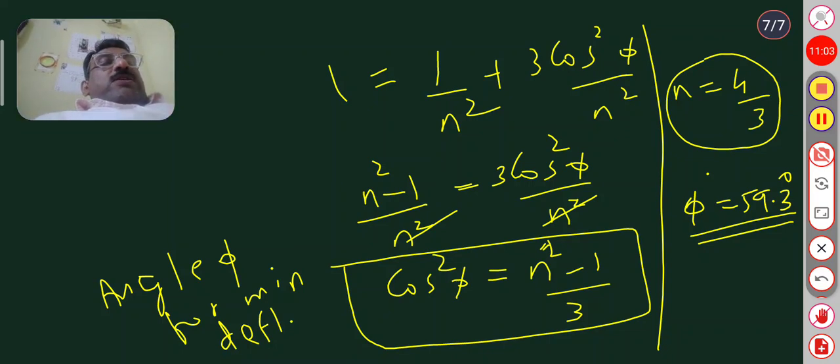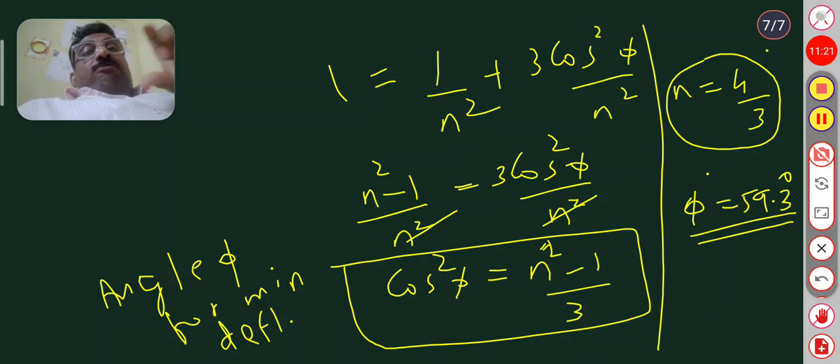The refractive index of water is 4/3 or 1.33. So when you substitute this value of n in this equation, you will get the phi angle, which comes out to be 59.3 degrees. So this is the angle of incidence on the front face for which the angle of deflection is minimum.